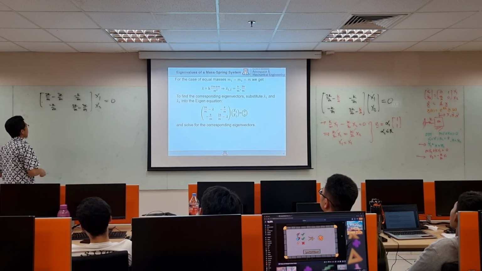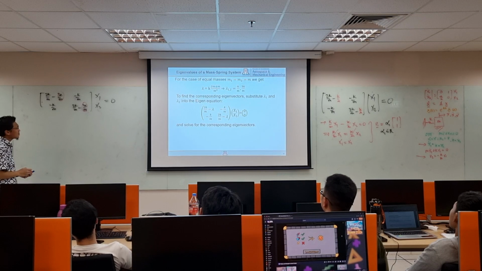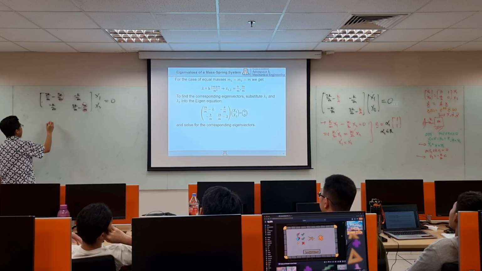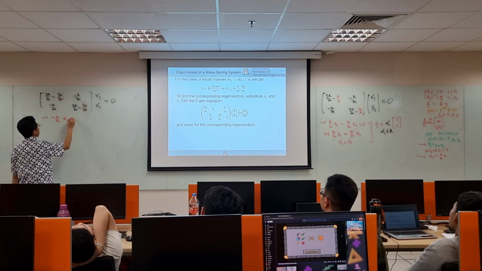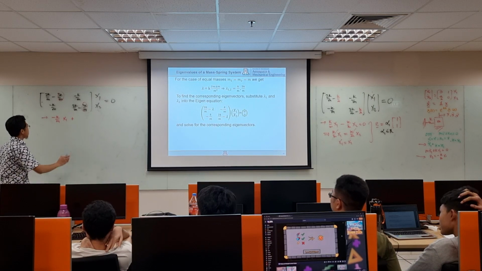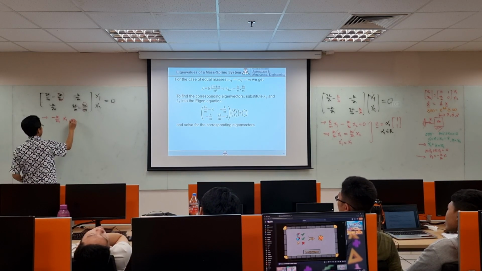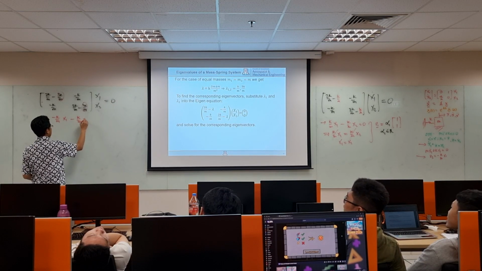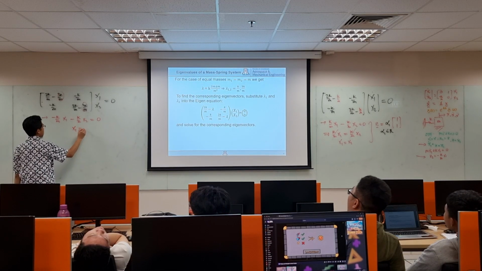K over m, that's the lambda. So the equation becomes minus k over m, minus k over m. So we get the same position. Now we know that x1 is equal to minus x2.